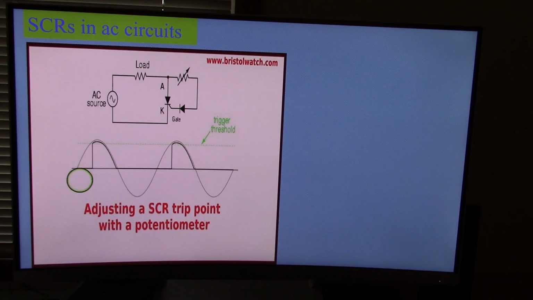You notice that the output waveform, this black line here, goes only like half of this input voltage. It stays 0 up to about here, then suddenly starts to conduct, goes to peak, drops to 0, and stays 0 until it hits this again. And which point this triggers can be adjusted by this resistance here.